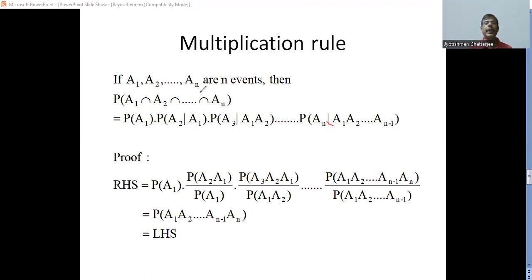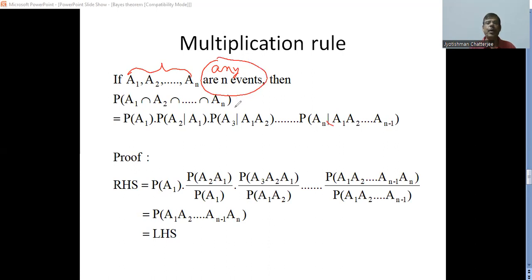Unlike Bayes' theorem or the theorem of total probability, where we had the events B1 to Bn that were mutually exclusive as well as exhaustive, here we have got n events A1 to An, but we do not demand any such condition. Those are any n events.